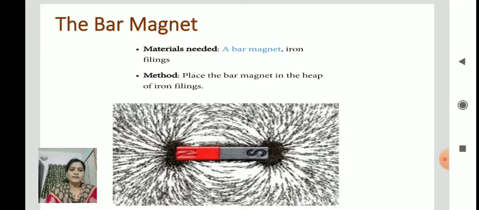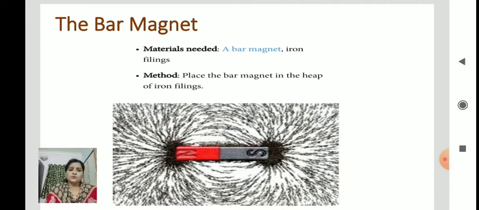When a bar magnet is placed in a heap of iron filings, the iron filings are arranged in a particular manner as shown in this figure, and a huge amount of iron filings cling at the poles rather than at the surroundings of the bar magnet.